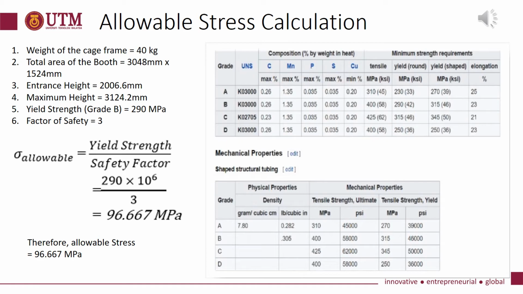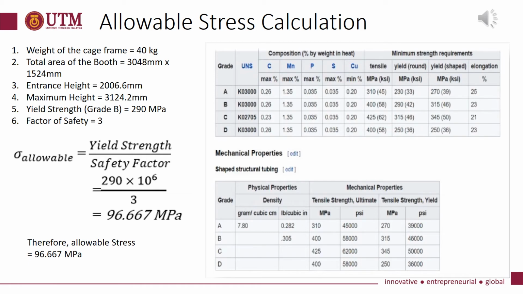And then the entrance height is 2006.6 mm with the maximum height of 3124.2 mm. And then by looking at SolidWorks, we get the yield strength of grade B equal to 290 megapascal, and we get the factor of safety equal to 3.